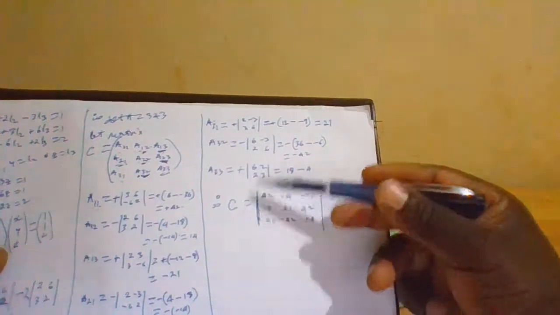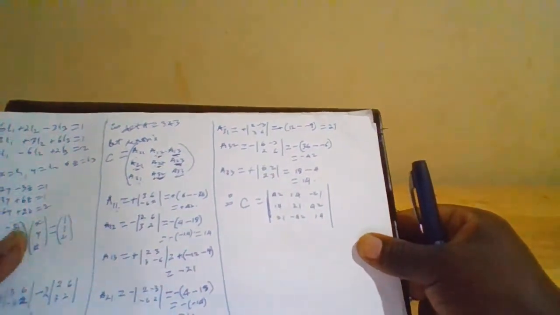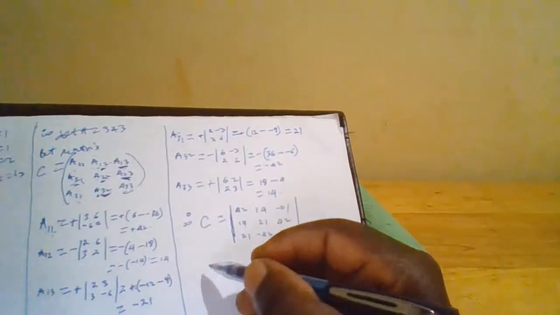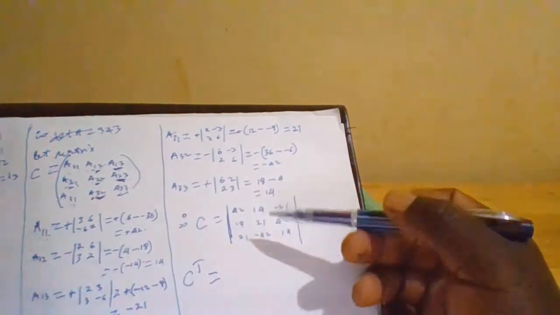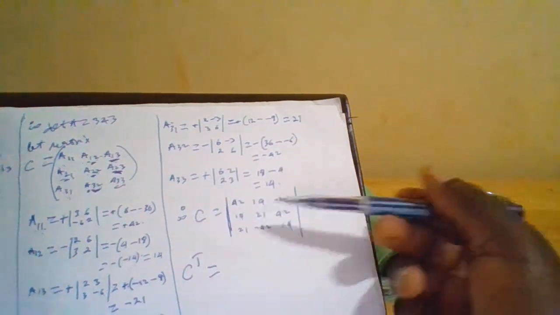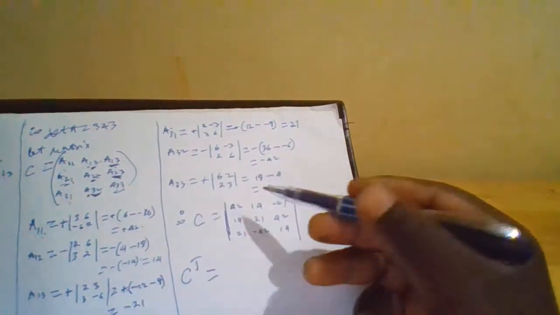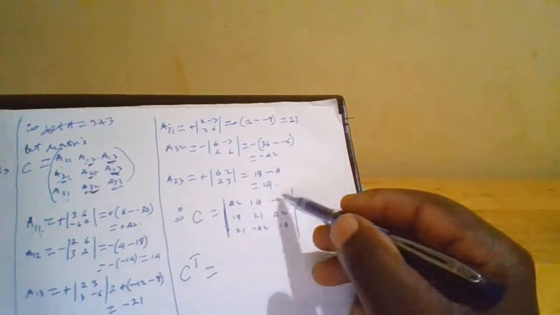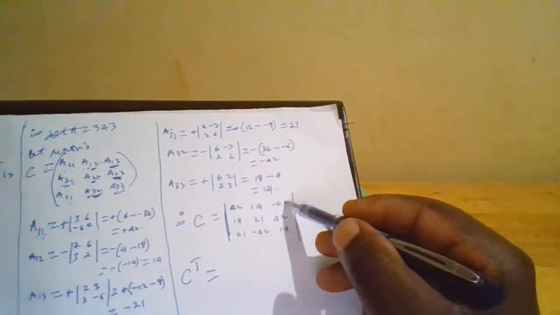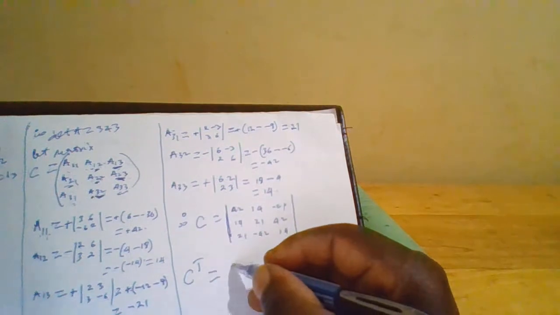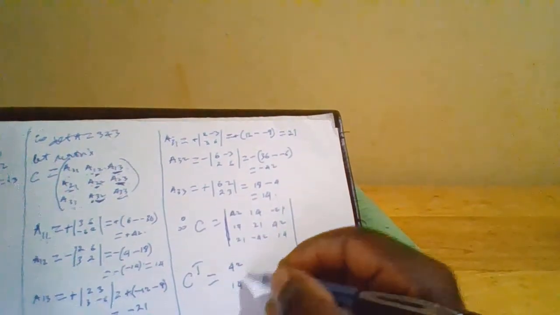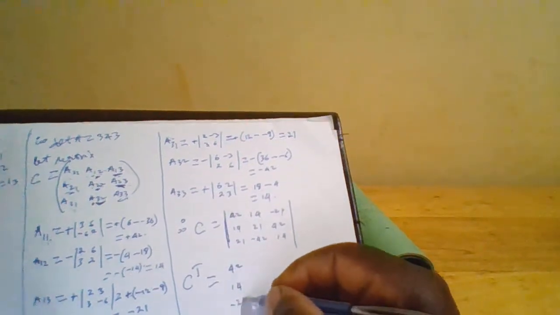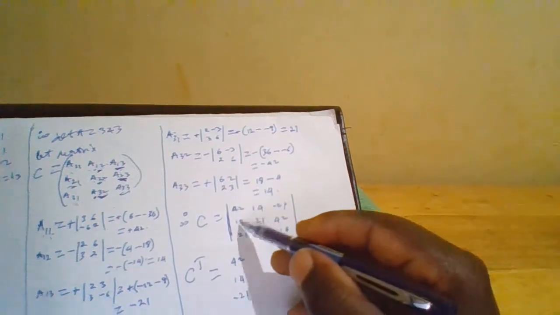So this is the matrix of cofactors. We can now get the transpose of this matrix C. Transpose is simply interchanging rows and columns. So here we can interchange this row to become a column, so it would be 42, 14, negative 21.